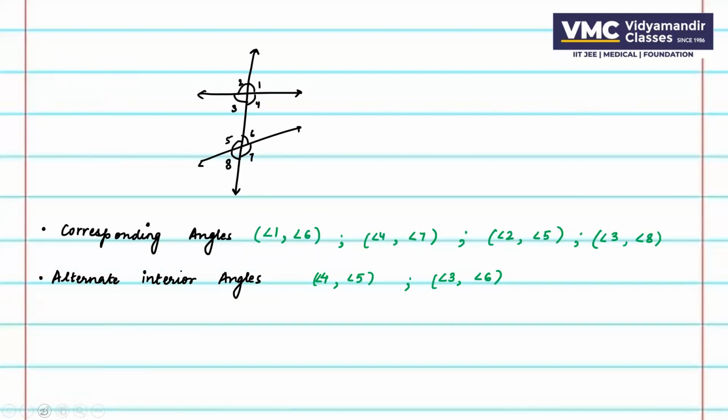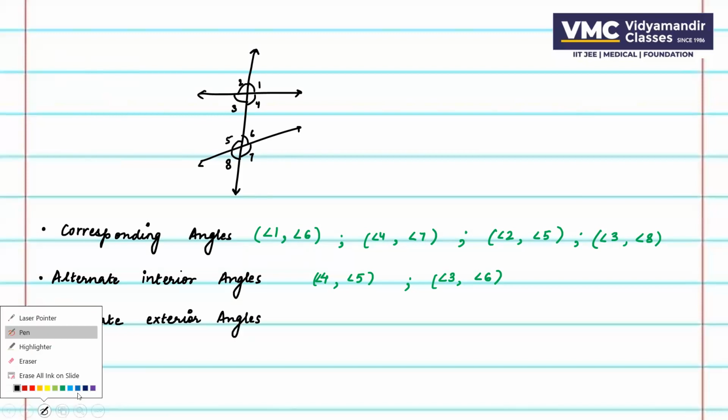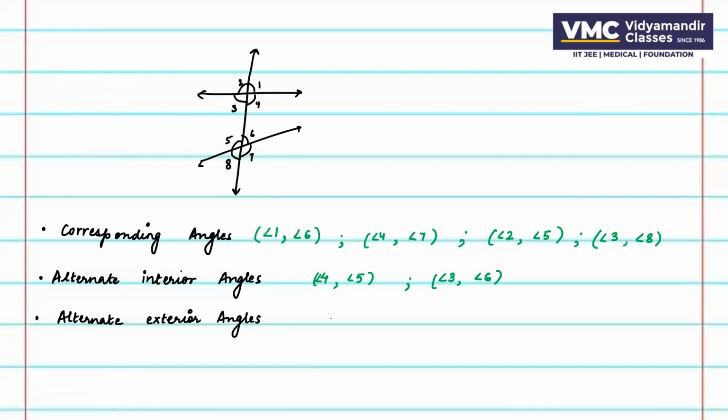And if we talk about alternate exterior angles, angle 1 and angle 8, and angle 2 and angle 7 form alternate exterior angles.